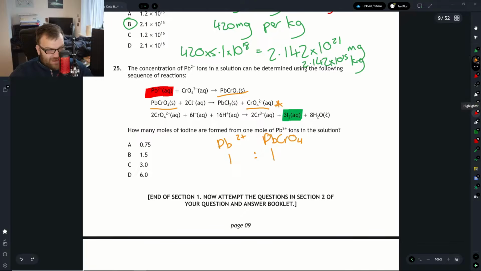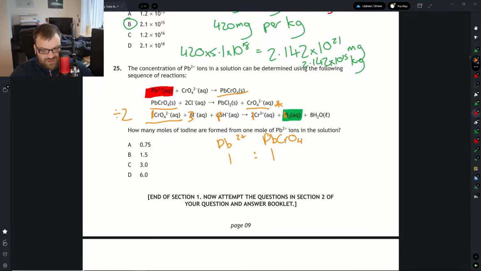There's a mismatch between the CrO4 in the middle one and the CrO4 in the bottom one. So what I'd have to do is this bottom equation would have to be halved because we're only using one of the Pb2+. So if that now becomes a 1 because I've halved it, all the other numbers would halve as well.